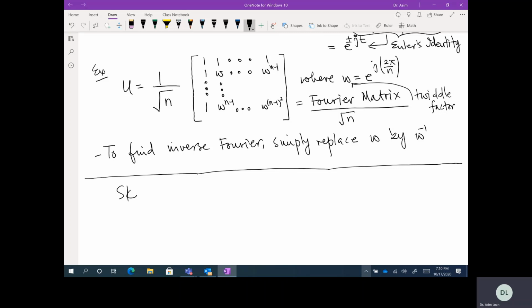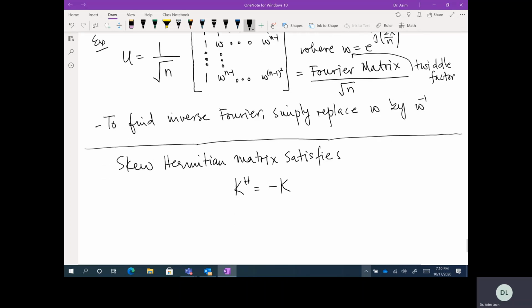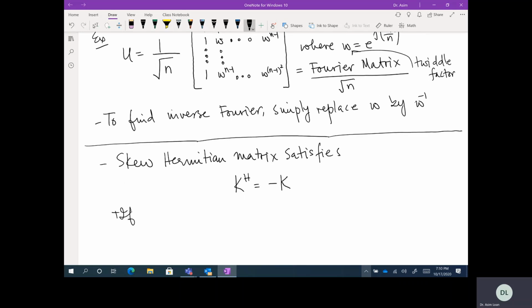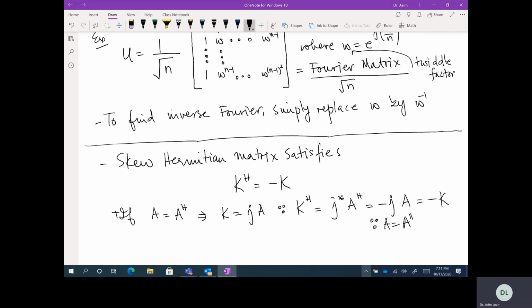So a skew Hermitian matrix satisfies K^H equals minus K. So if A is equal to A^H, this implies K equals jA, because K^H is simply j conjugate A^H, which is equal to minus jA, which is equal to minus K, because A equals A^H and j conjugate equals minus j.